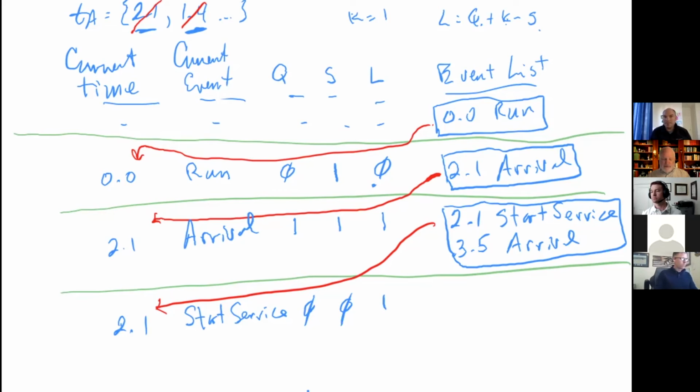It schedules an end service. And what was the end service? The T sub S was 2.2, and then the next one was 1.3. So the next service time is 2.2. So 2.2 plus 2.1 is what? 4.3.